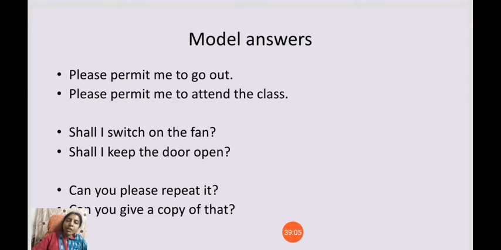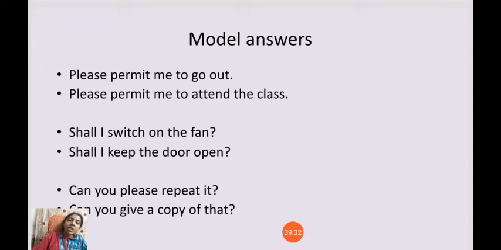Please permit me to take a leave tomorrow, or please permit me to go out in the second hour, or please permit me to meet the principal. You can use a number of expressions.